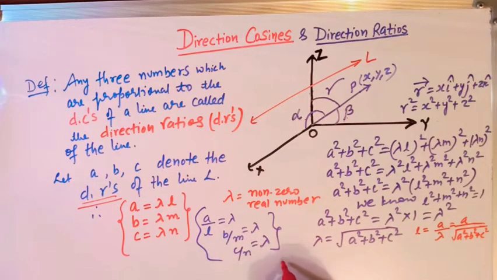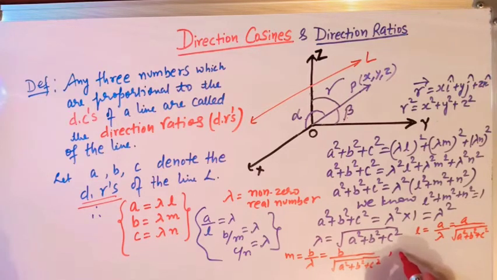Similarly, m is equal to b over lambda, so we have b divided by square root of a square plus b square plus c square, right?